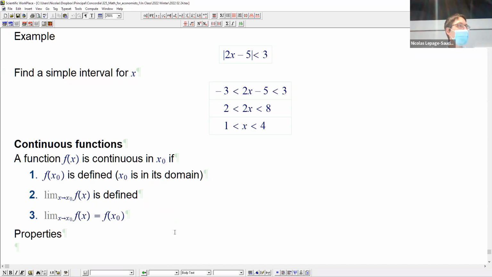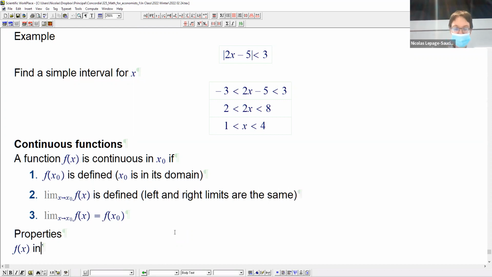For the record, the second condition implies that the left and right hand limits have to be equal. That's something we saw last class.